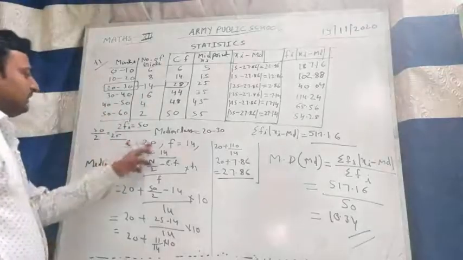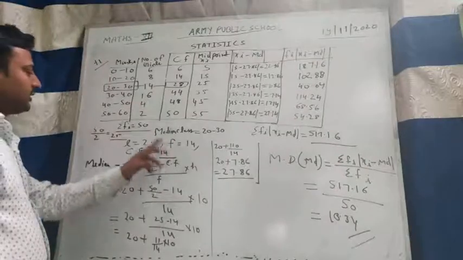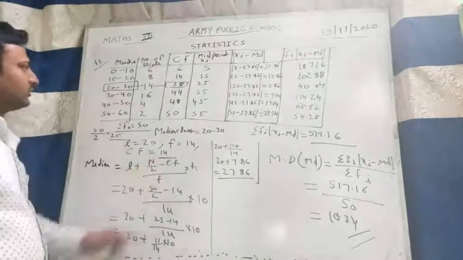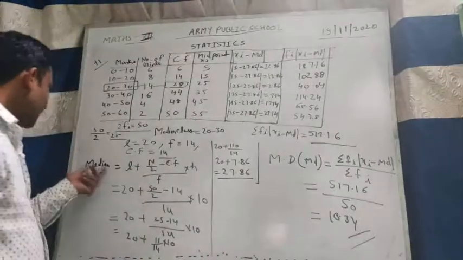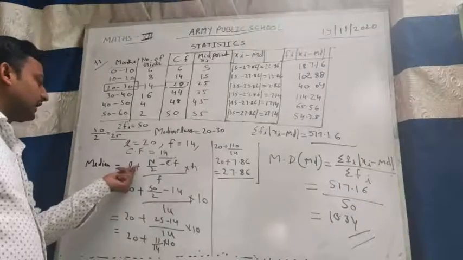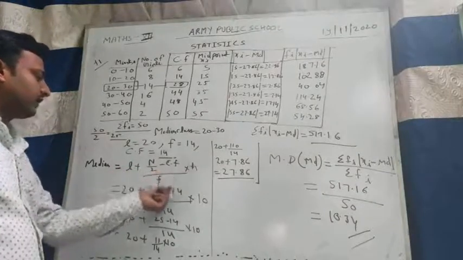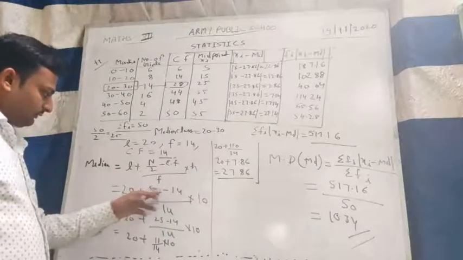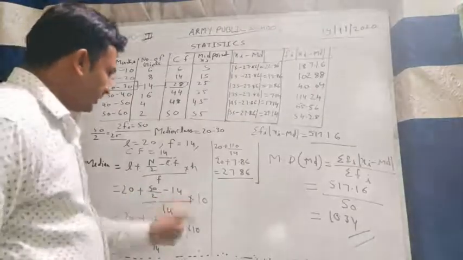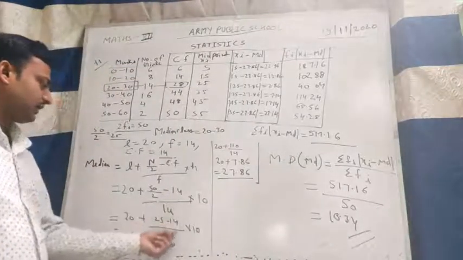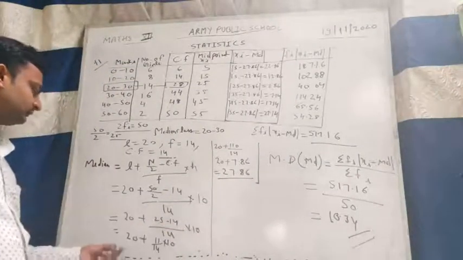So the lower limit is 20, frequency is 14, cumulative frequency before this is 14. Now we will put all the values in the formula of median, which is L plus n by 2 minus CF by f into h. L is 20 plus 50 by 2 minus 14 by 14 into 10. Now 20 plus 25 minus 14 by 14 into 10.